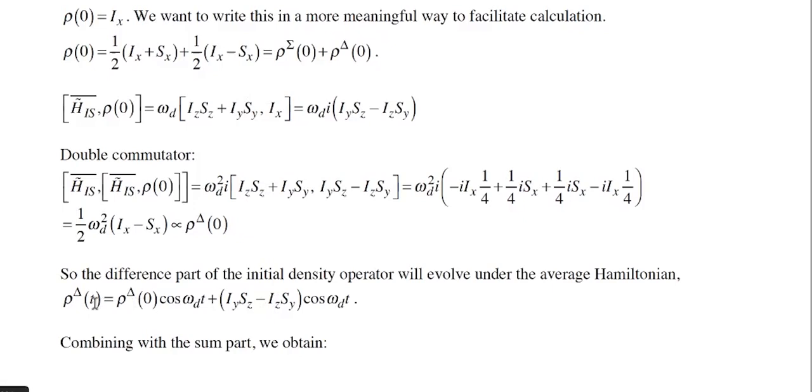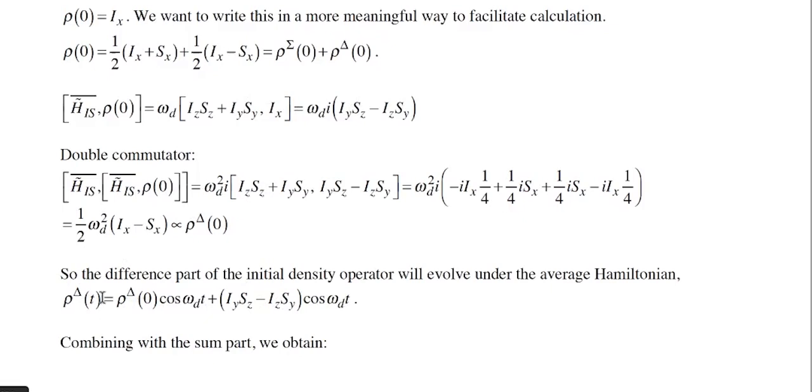And so what happens then, I can write the rho difference T, if I just consider that. It's going to be equal to rho difference times 0 cosine of omega dt. And then I have this commutation result, IYSZ minus IZSY. That collects, oh, this is a typo, it should be sine omega dt.